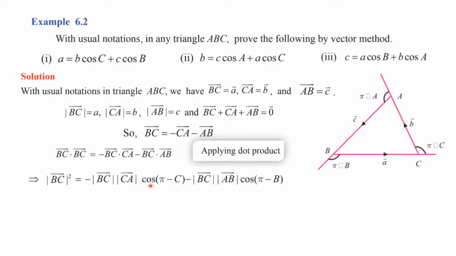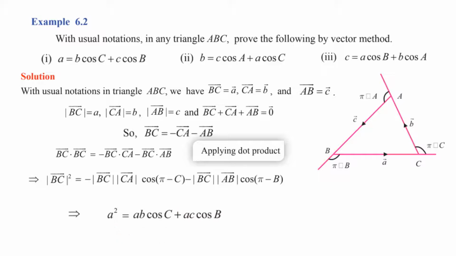So next, cos of pi minus C is minus cos C. So if you replace that, and replacing BC magnitude with A and CA with B, you will get AB cos C minus our BC is A, AB is C. So A, C, and cos B, because cos pi minus B will be minus cos B. So this minus will become plus here.